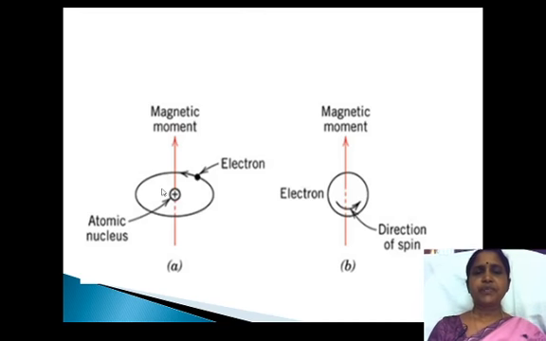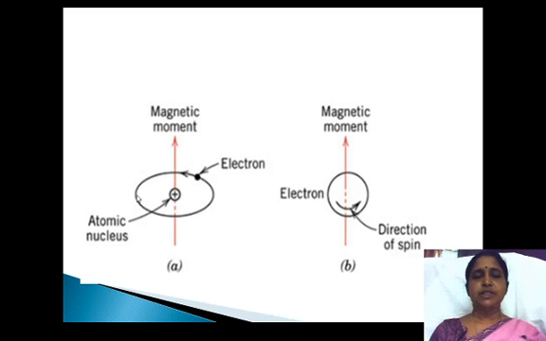Electron revolving around the nucleus means the electron takes movement. Electrons move here in an orbit. When the electron moves in this orbit, movement means current is produced. Movement of electrons, flow of electrons, is nothing but current.